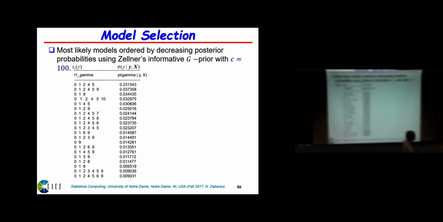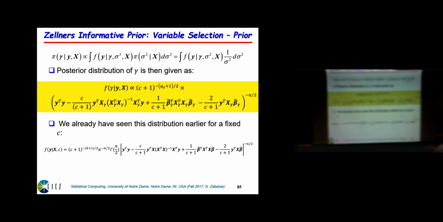If you run the previous program for the Zellner prior and you finish training it, you can plug in all these values for every possible choice of gamma, so for all models, and you compute the posterior.